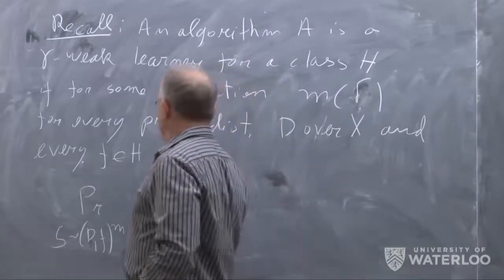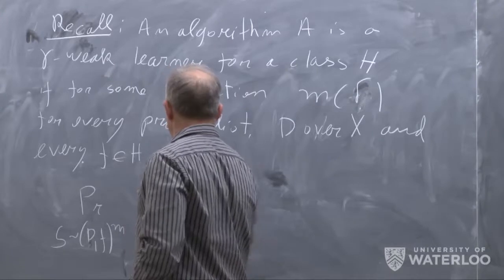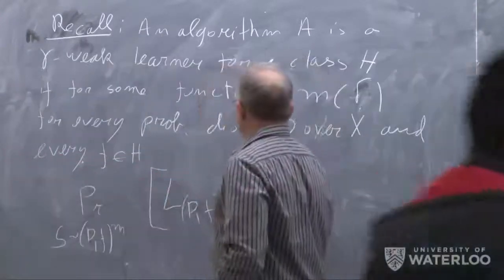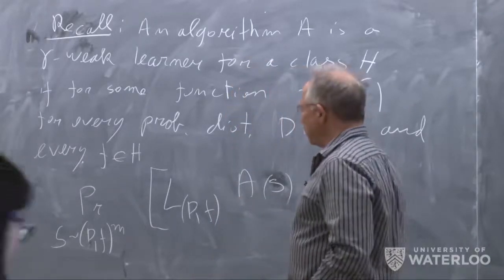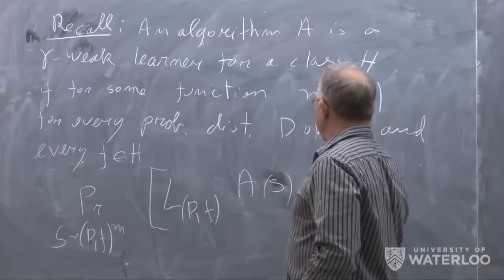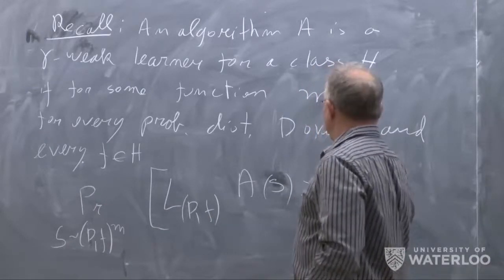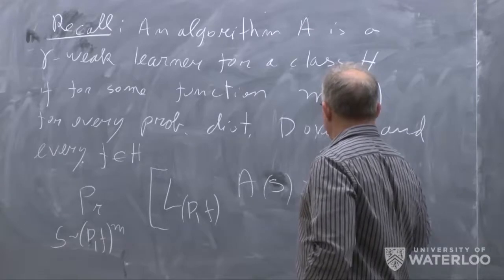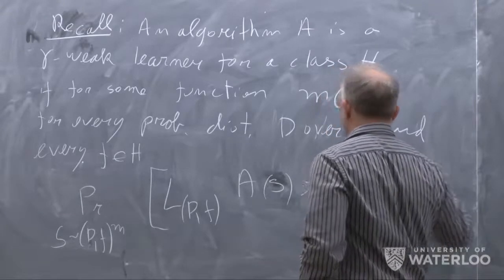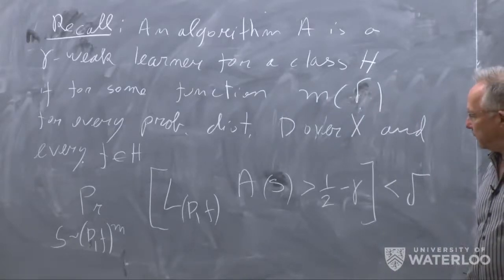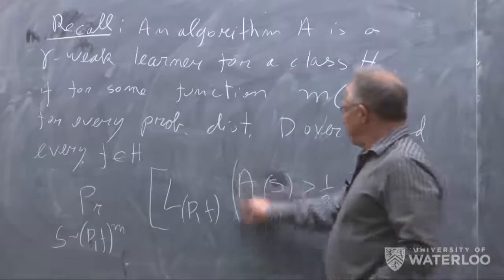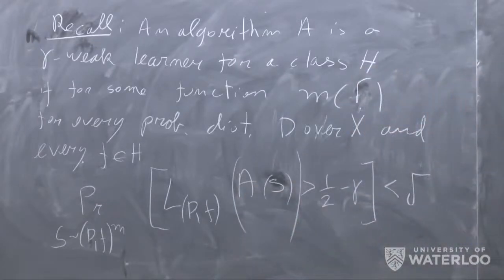So we look at L_D,f of A of S, and the probability that this will be greater than half minus gamma is less than delta. Okay, so this was our definition of weak learning.